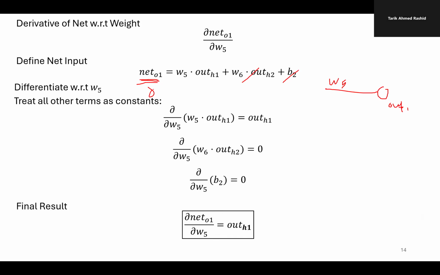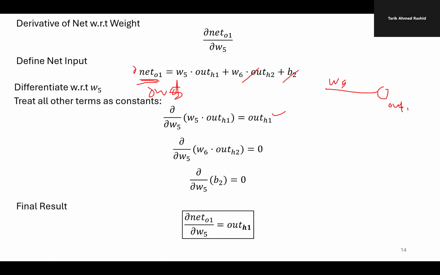So delta W5, for example. It'll be only out. The derivative of this one is 1 multiplied by out, so you get only this one. That's the result. Likewise, we'll do it for 6 as well, same example, and we do it for the B2. The derivative of B2 is 0, nothing there.